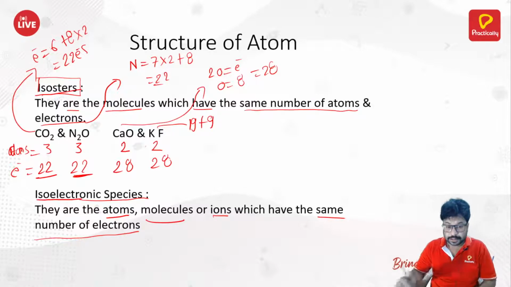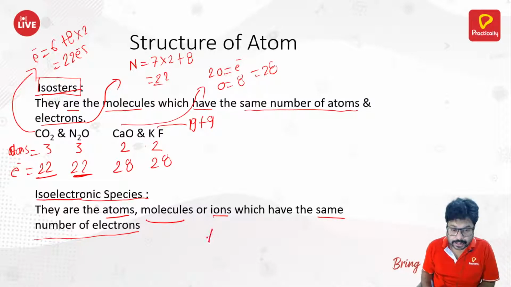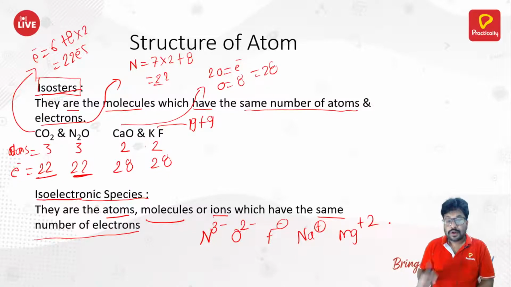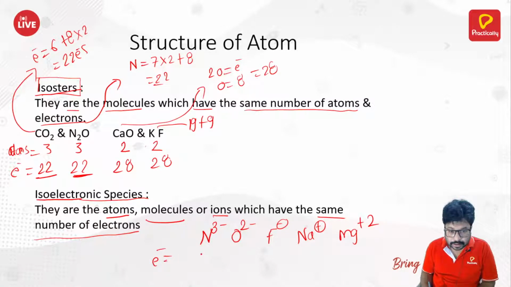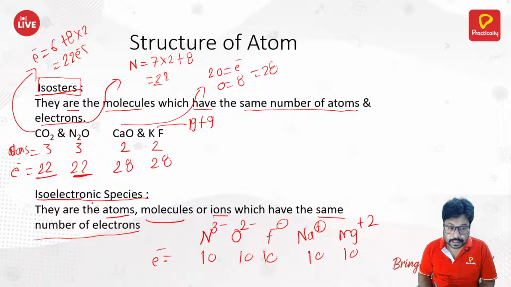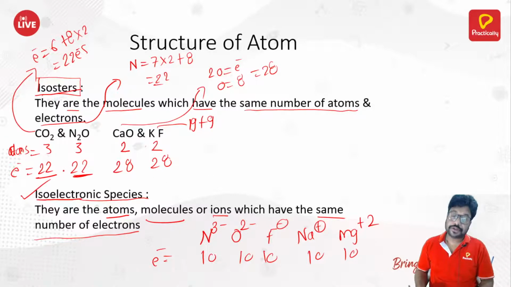For example, N3 minus, O2 minus, F minus, Na plus, Mg2 plus. All of these species contain the number of electrons as 10, 10, 10, 10, 10. So all these species are nothing but isoelectronic. They contain the same number of electrons.